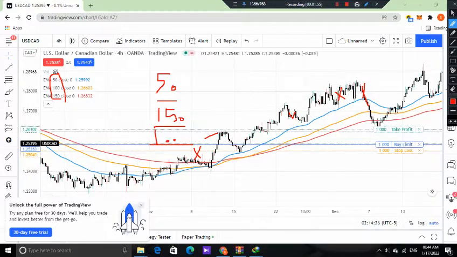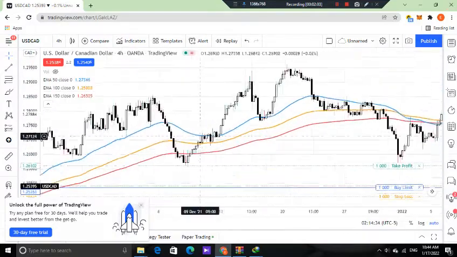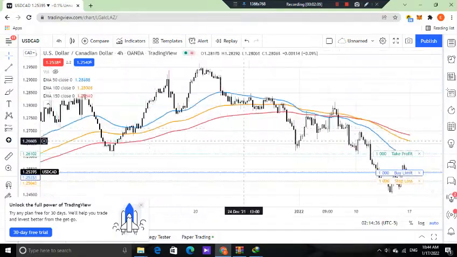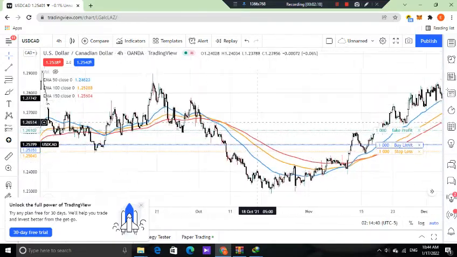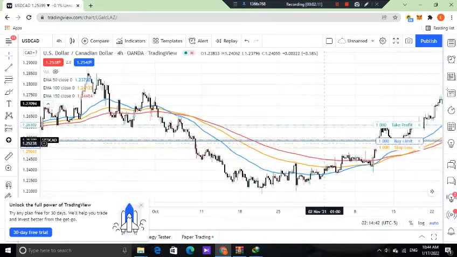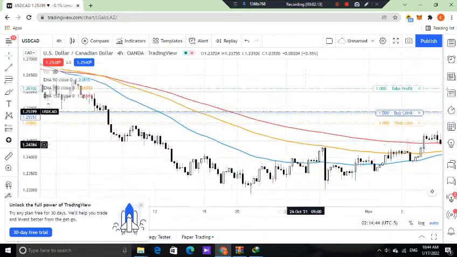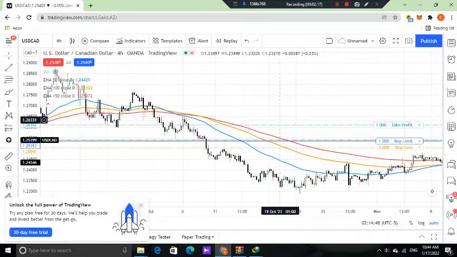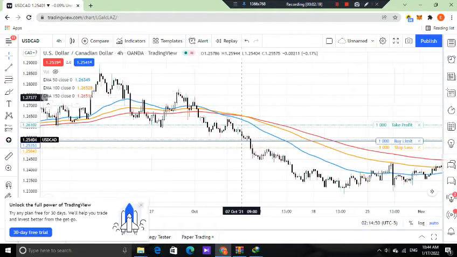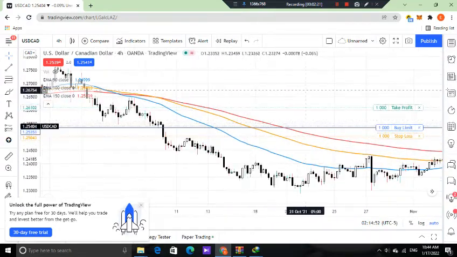And we can also consider 20 days. These are known moving averages. You can use them. When the price is below a moving average, it acts like a resistance.